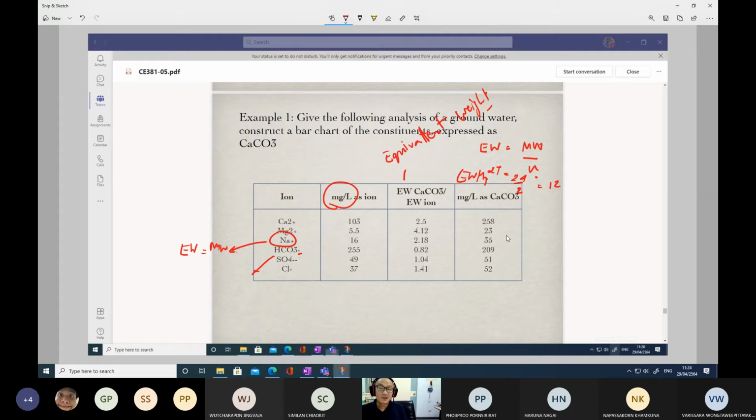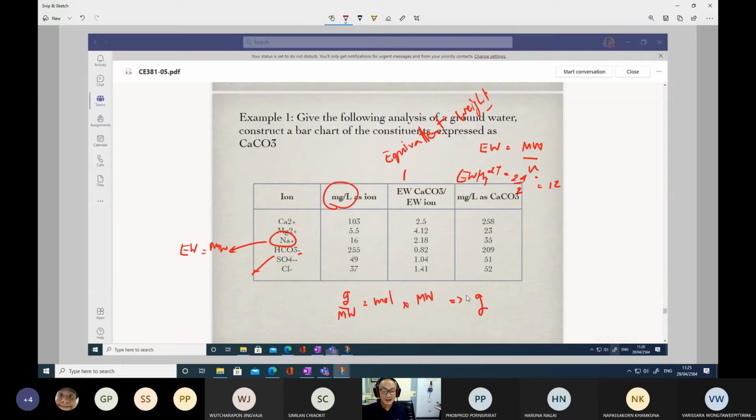Okay, so if you want to convert the units by using equivalent weight, remember that grams divided by molecular weight is equal to a mole, and if you multiply the mole by the molecular weight again, you will get grams.